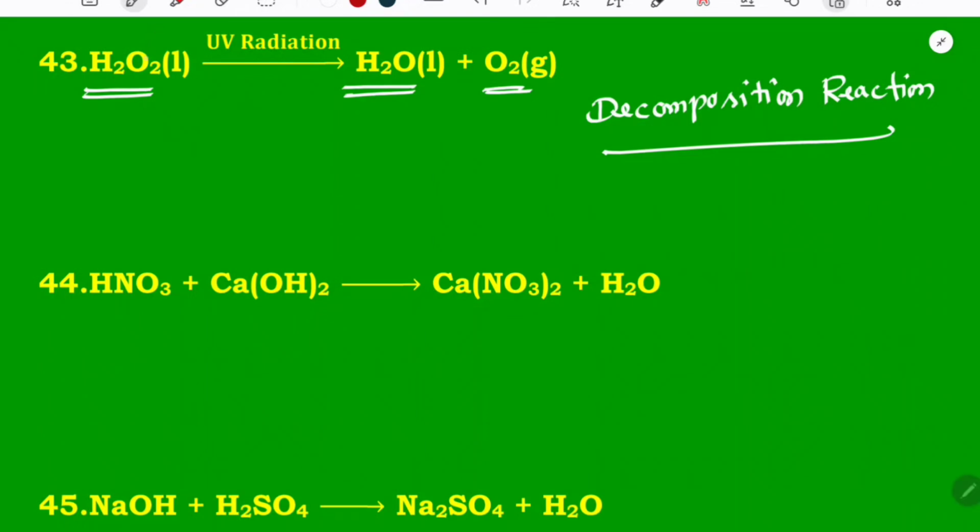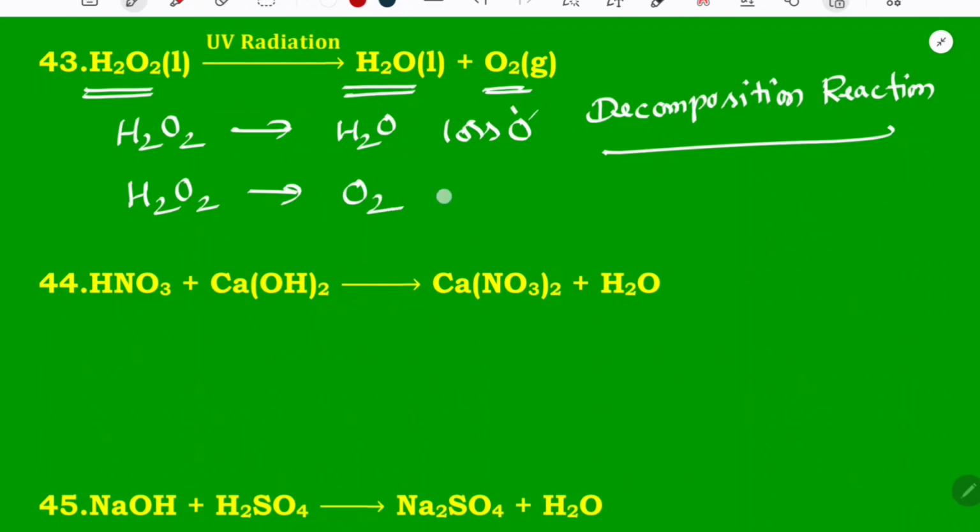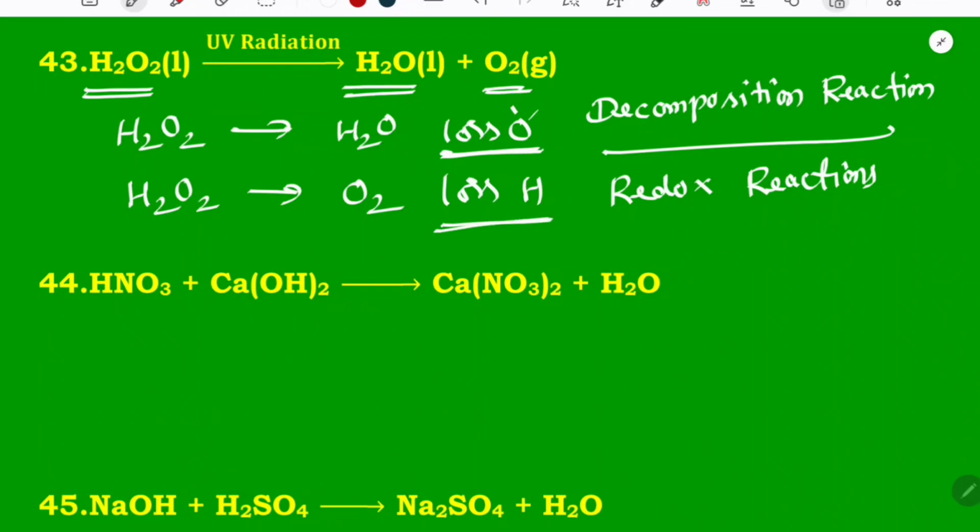H2O2 converting to H2O means loss of oxygen, and H2O2 into O2 means loss of hydrogen. So this is also a redox reaction. Loss of oxygen means reduction, and loss of hydrogen means oxidation.